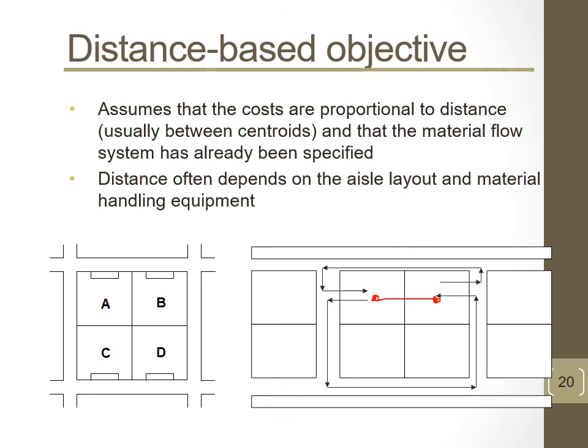But in fact, if we are using a unidirectional conveyor which travels in this direction, then it is not possible to move an item directly from here to here. It needs to follow the route of the material handling system, which is like this. You start from here, go to here, then here, then here, and come here. So it is different from the direct centroid to centroid distance.